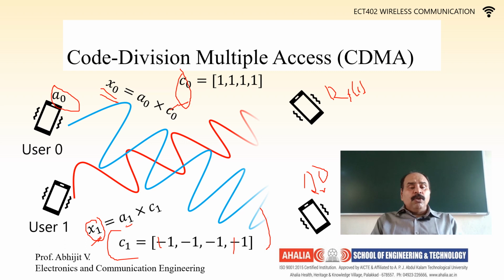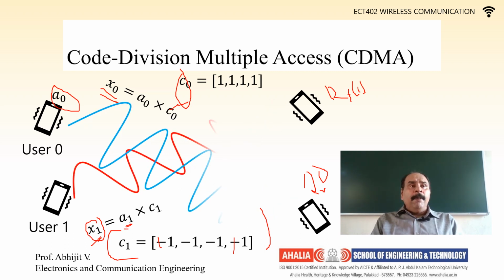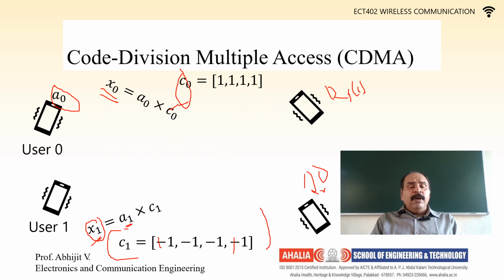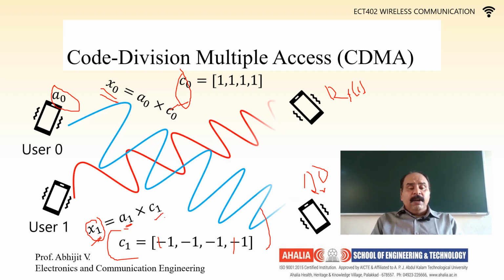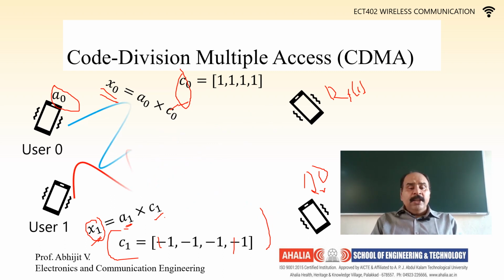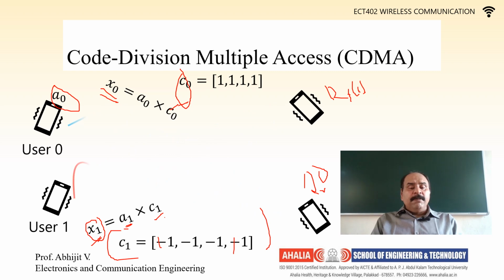The data that you want to transmit, the information bits, consider this to be A1. So A1 into C1. C1 is the code, and the C1 value that is given here is plus 1, minus 1, minus 1 and plus 1.